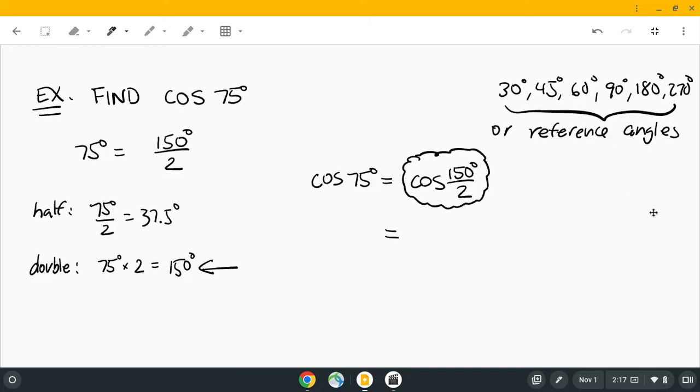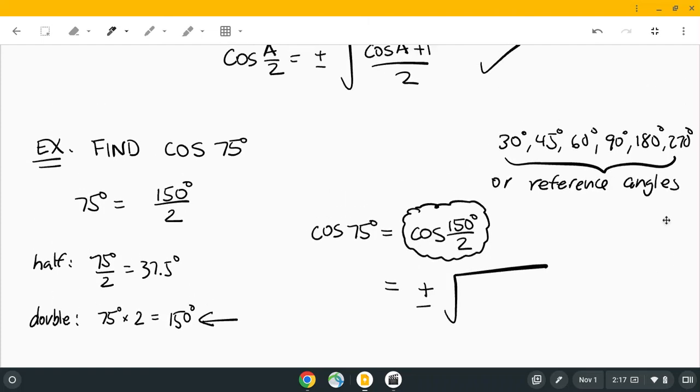Let's figure out, are we going to do positive or negative? We're going to be using this formula right over here. Cosine of A, so that's going to be 150 plus 1 all over 2. But we have to determine if we're going to take the positive or the negative. Well, this is going to be the answer to this expression right here, cosine of 75 degrees.